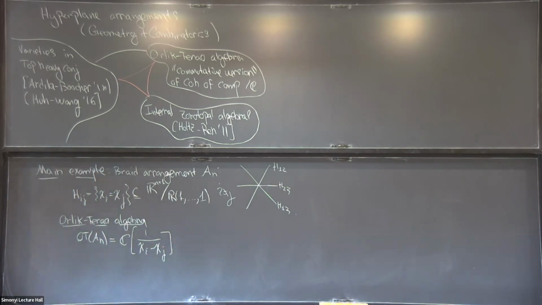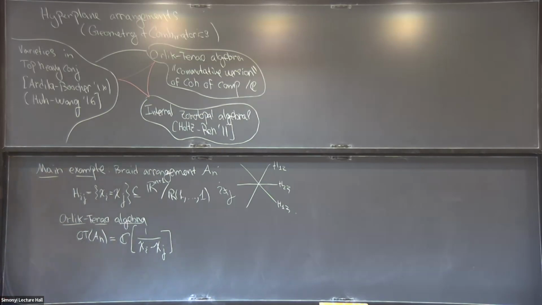I'll think of it as graded, where every generator has degree 1. And Terao showed that this algebra has a presentation which looks very much like the defining presentation of the Orlik-Solomon algebra. However, it is for a polynomial ring as opposed to an exterior algebra.